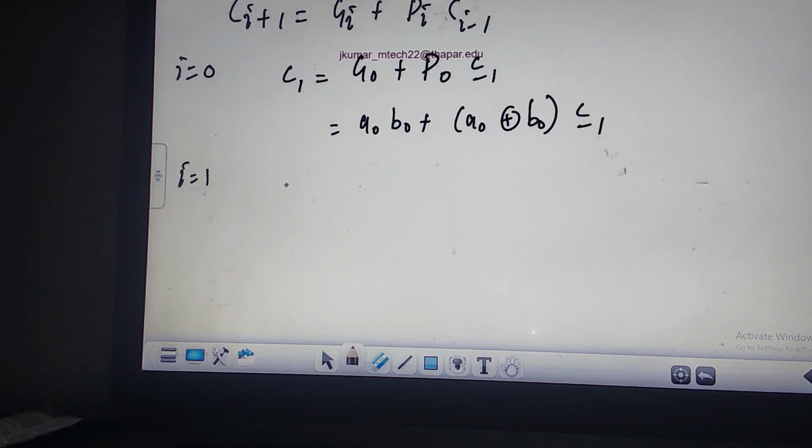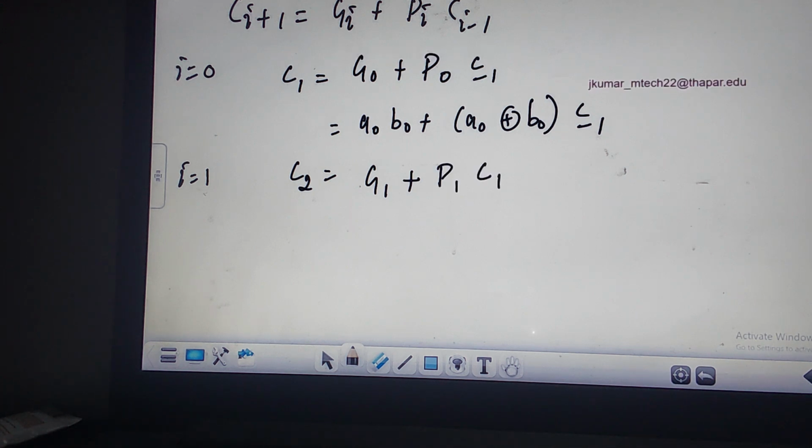If I put I equal to 1, C2 is equal to G1 plus P1 C1. Then where will I get C0? CI plus 1 is nothing but, when I is equal to 0, this becomes 1, and when I is equal to 0, this becomes 0.